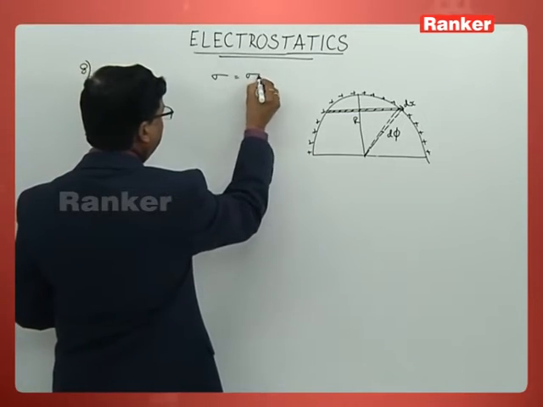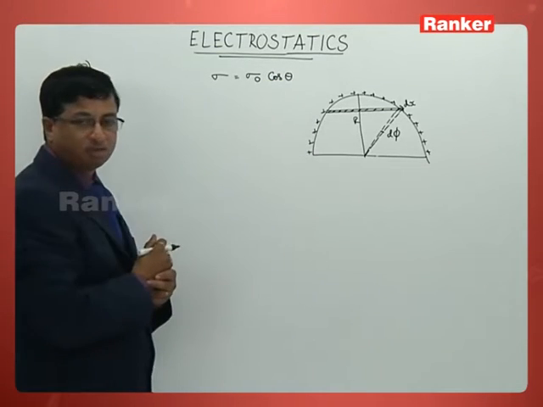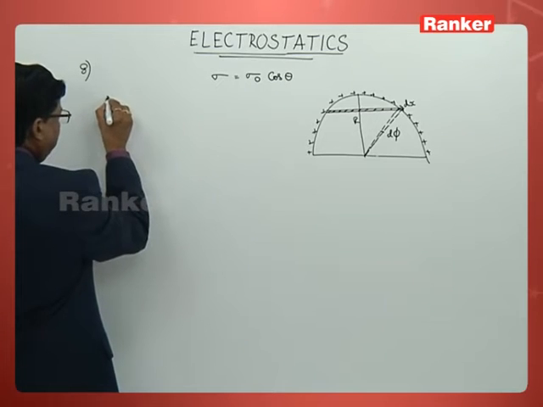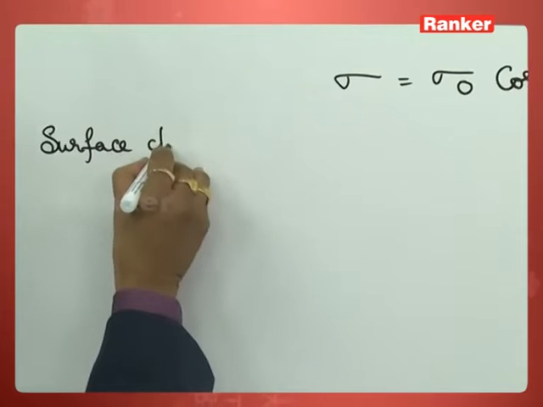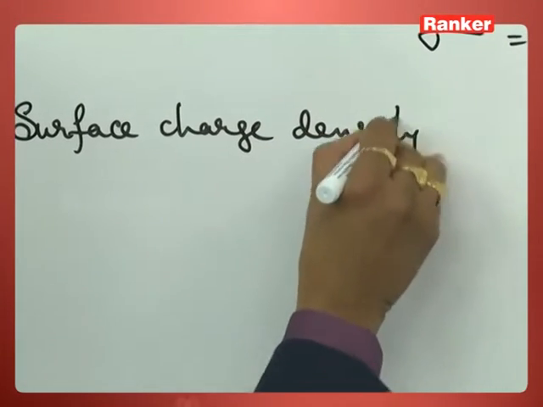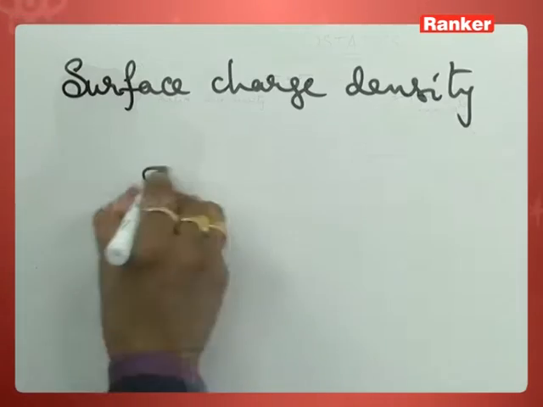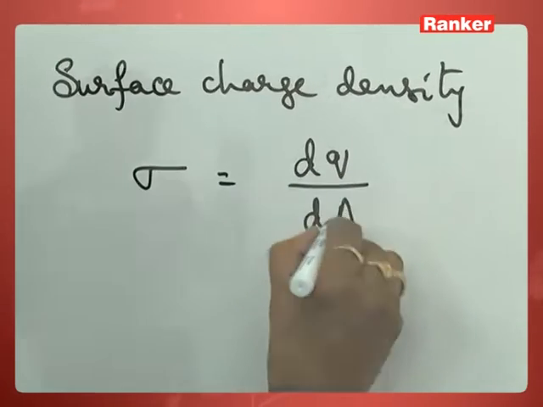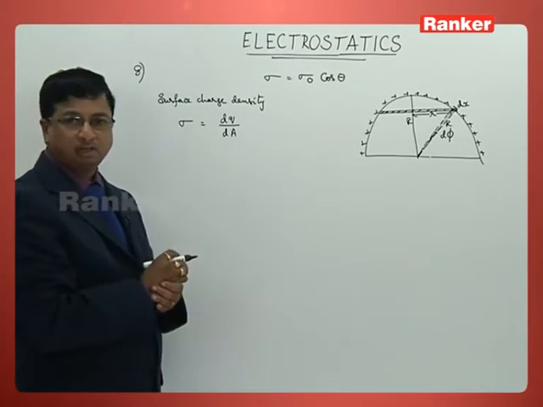Now, what is the relation? Sigma is given as sigma naught cos theta. That is what has been given to us. So let us first of all write what we mean by surface charge density. Surface charge density sigma can be written as dq by dA, where A is the area.